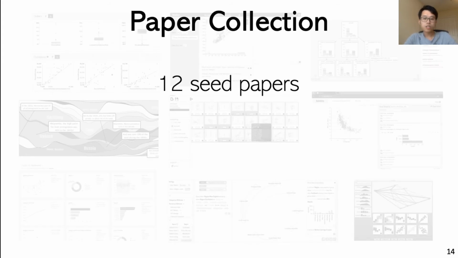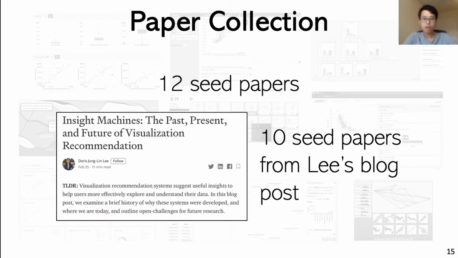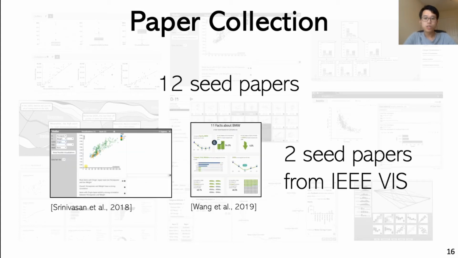With these definitions in mind, we collected 12 papers as the seed papers. 10 seed papers come from a recent blog post about visualization recommendation systems written by Lee. The other 2 seed papers are 2 recent publications at VIS about systems that automatically generate textual descriptions of statistical facts.